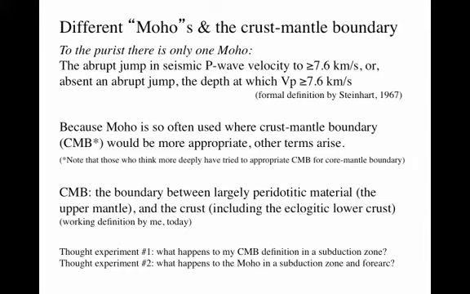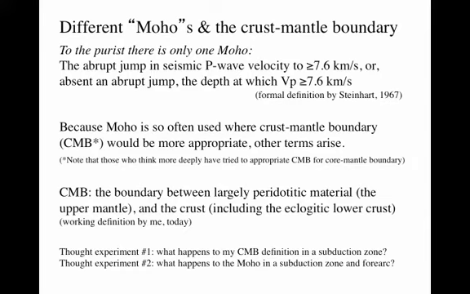And that's a definition remnant from the late 60s. Moho is often used where one actually means crust-mantle boundary, and crust-mantle boundary is often a more appropriate choice of terms instead of moho in those cases.